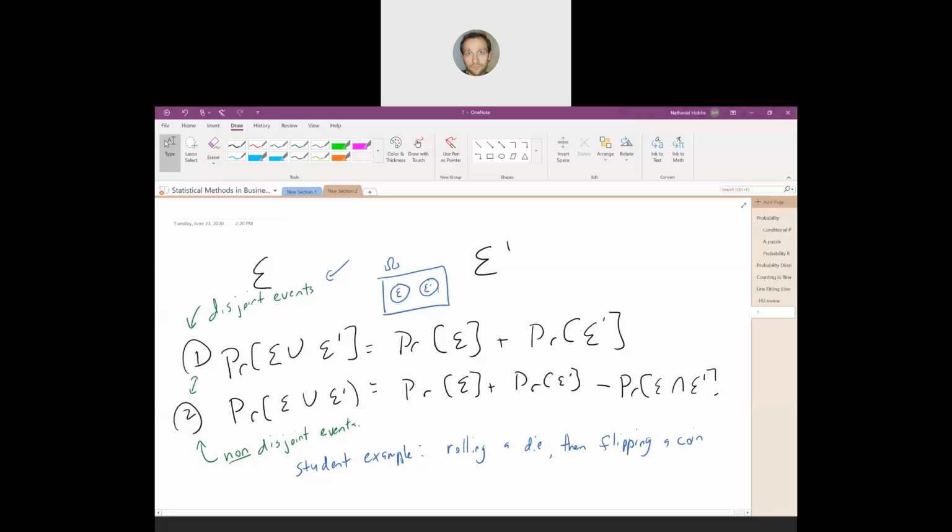Have you not been able to see anything this entire time? No. Ah, okay. Well, that's not great. The screen says it was being shared, but... Alright, can you see it now? Yes. Okay, great.